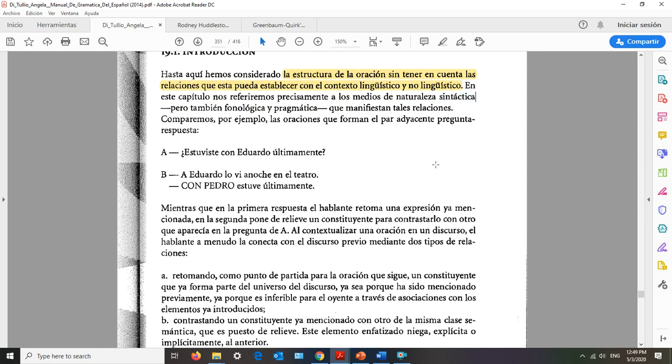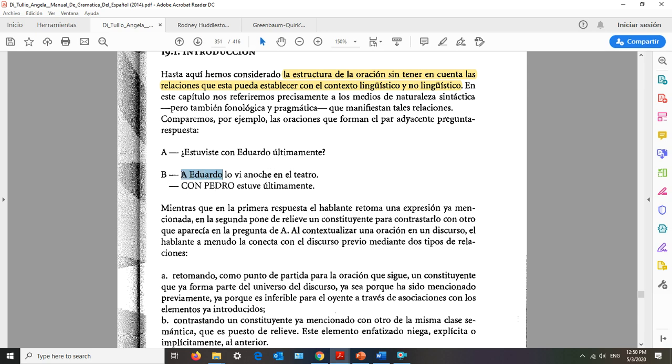So, for example, if there is an adjacency pair, a pair involved in asking and answering questions, and a question is posed, as in, ¿estuviste con Eduardo últimamente? We have the possibility of saying, a Eduardo lo vi anoche en el teatro.